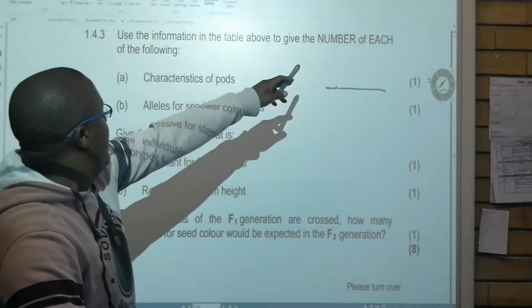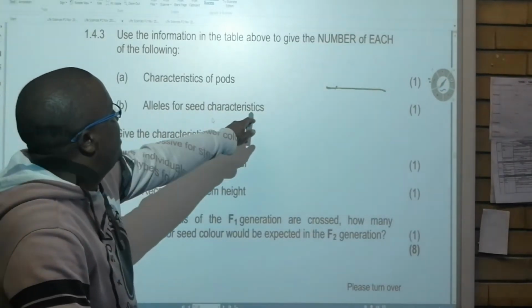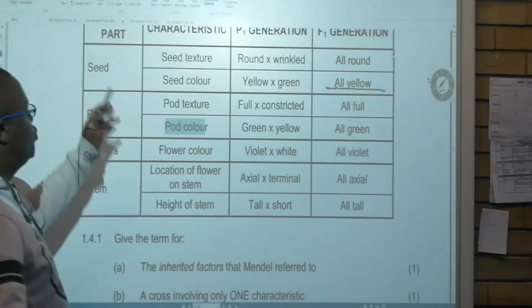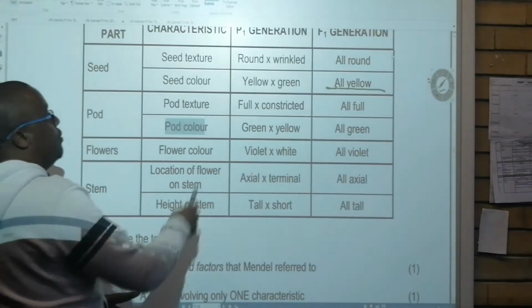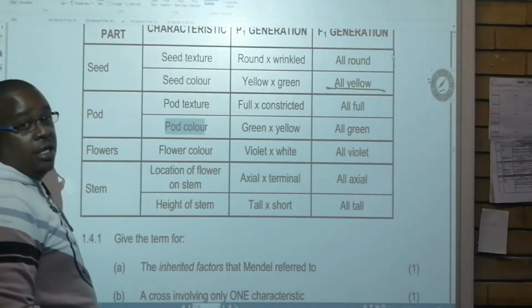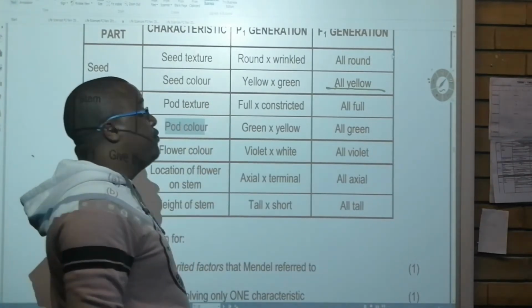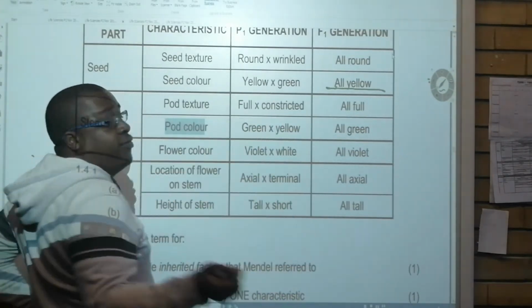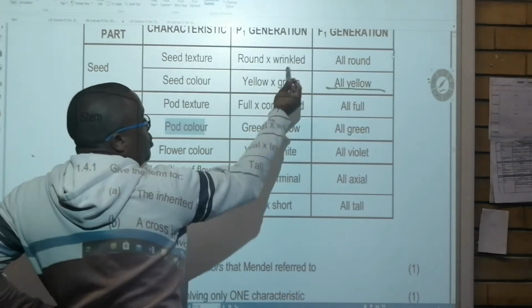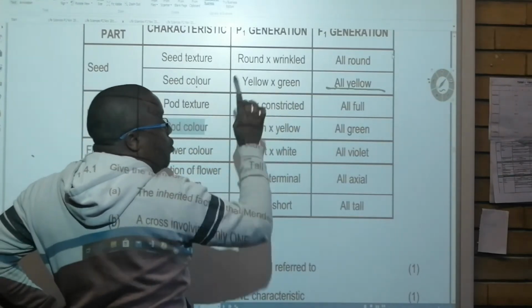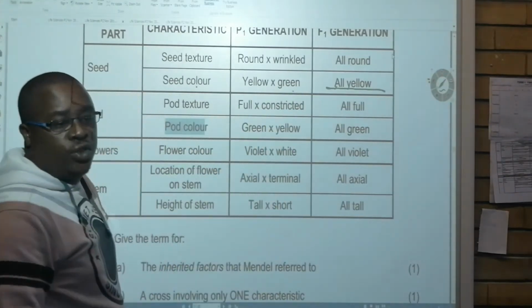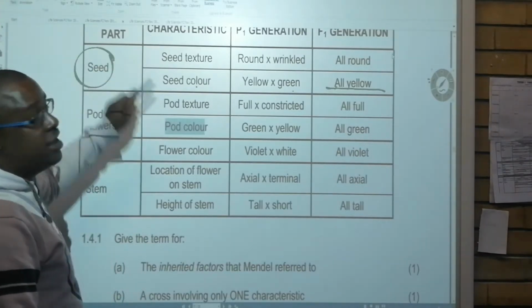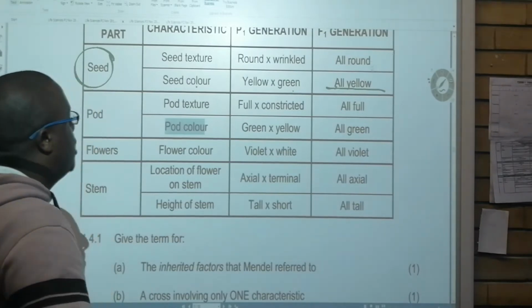Give the number of alleles for seed characteristics. How many seed characteristics do we have? We have 2. We have texture and color. But how many alleles do we have? For seed texture, we have 2 alleles. One is for round and the other allele is for wrinkled. For seed color, we have a yellow allele and a green allele. So how many alleles in total for seed characteristics? 4. That was your answer.